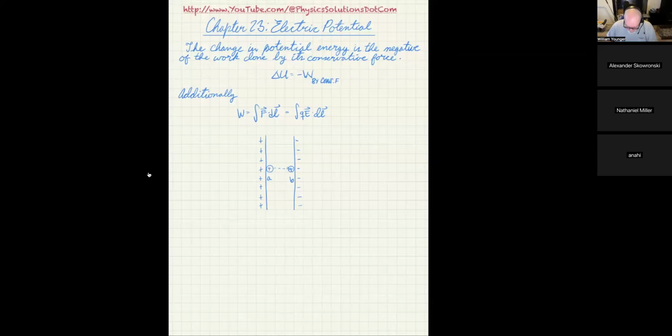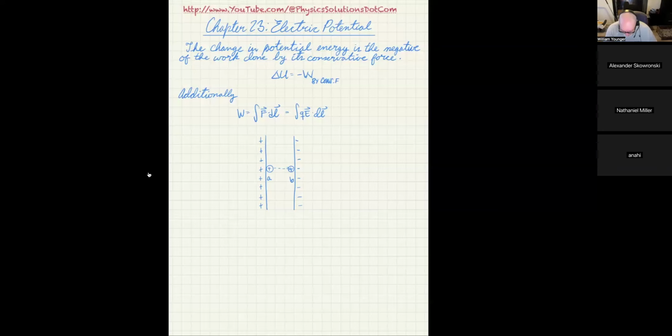Now, the conservative force is the electric force, and it would tend to make the positive charge run away from the positive plate, and therefore you would get a negative work done in moving from the positive plate to the negative plate with the positive particle if you're calculating the work done by the conservative force.